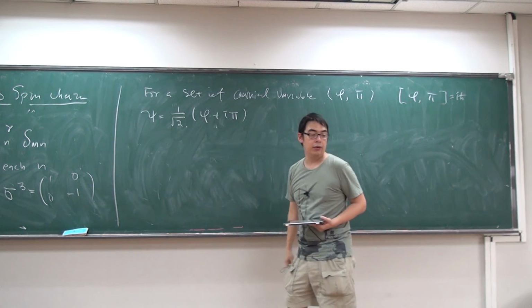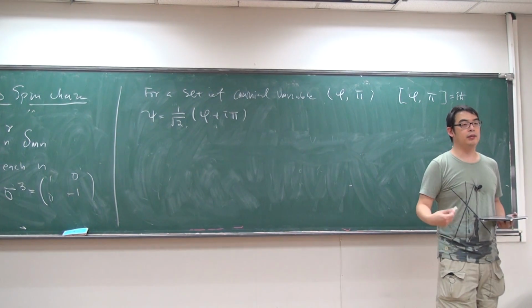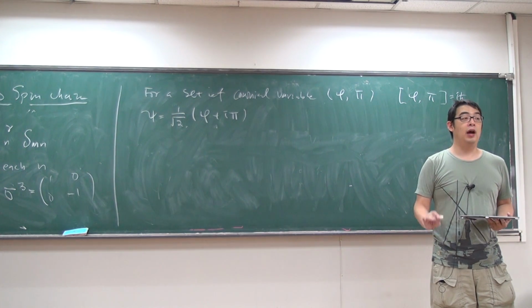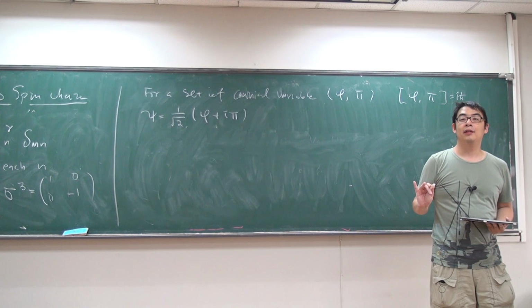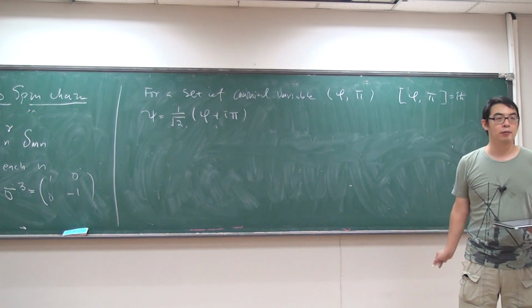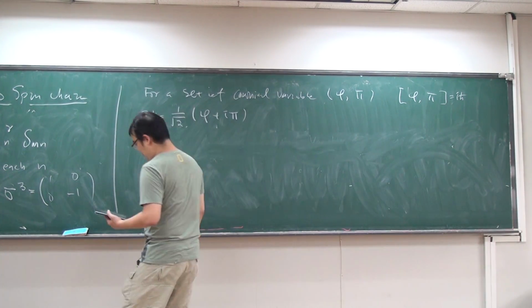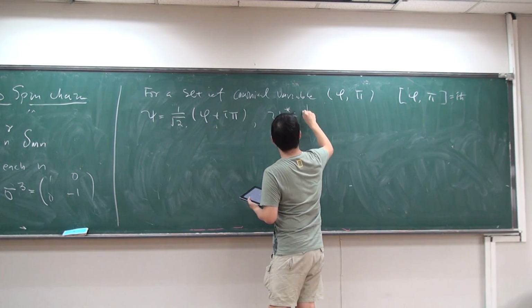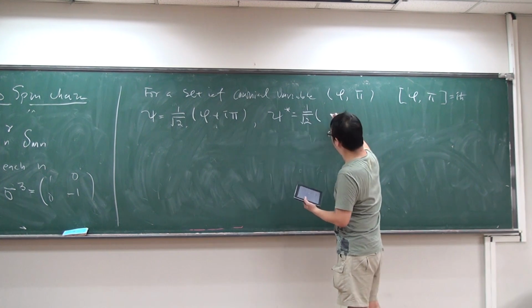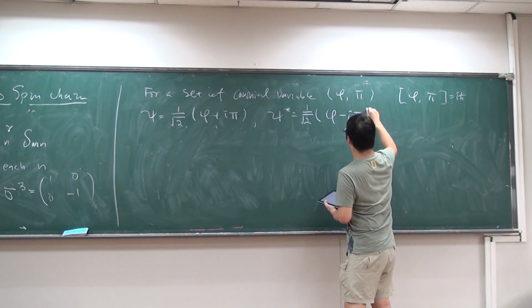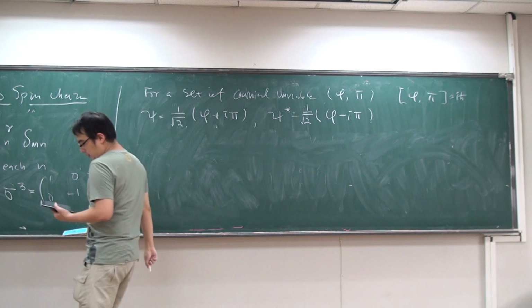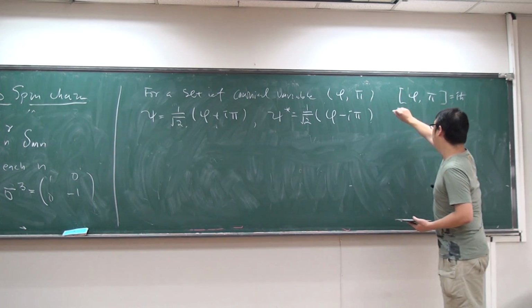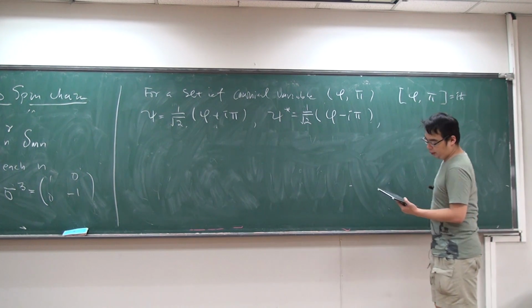How many of you have seen the creation and annihilation operator method to solve simple harmonic oscillators? How many of you have not seen that? So everyone remains neutral today. We can define the following operators just by using linear combinations of them.